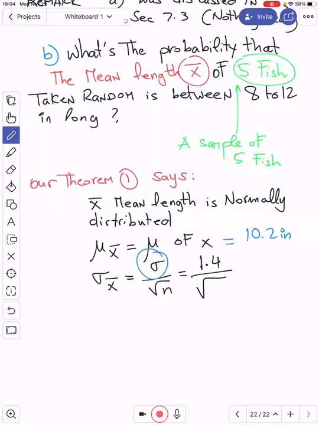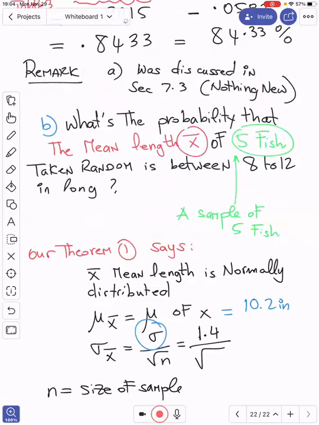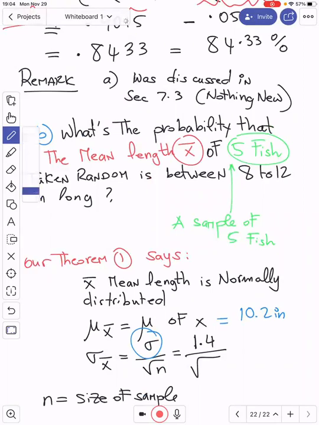So what's n here? n is the size of the sample, right? And in our problem, we have 5 fish. We are interested in the mean, x bar, of the 5 fish.